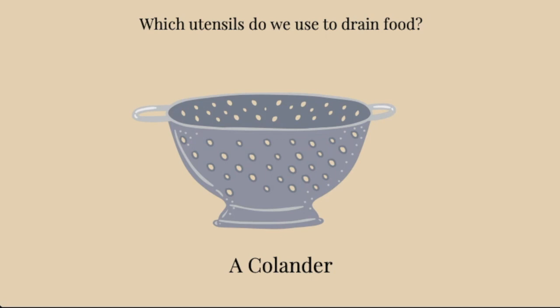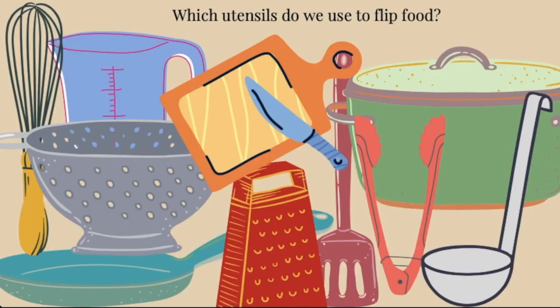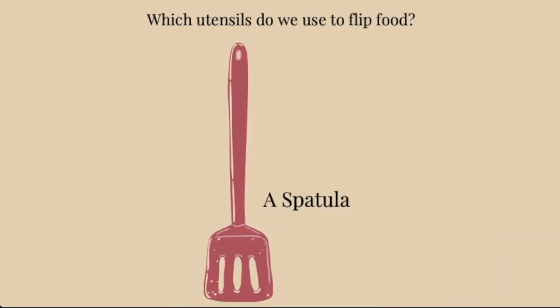A colander. Which utensils do we use to flip food? A spatula. Repeat. A spatula.